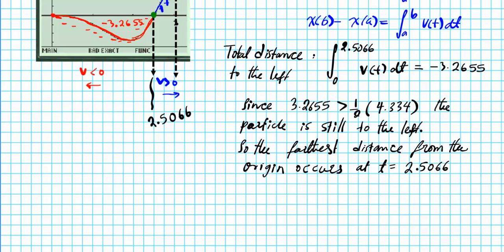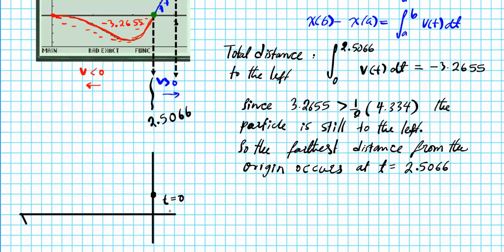Okay, let me just give you a visual as to what's going on here. Just a little visual on the movement of the particle so that it makes sense. Okay, so at t equals 0, guess what? The object or the particle was at the origin.